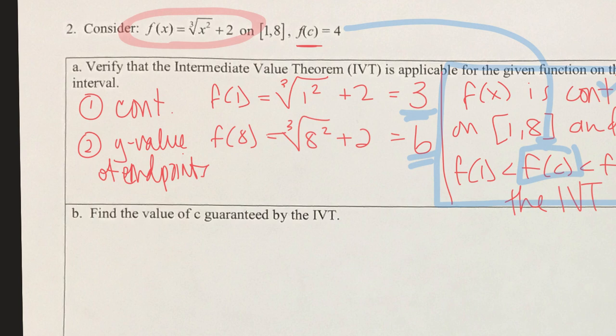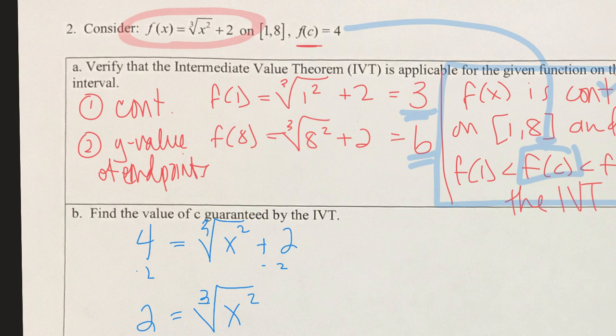So we want to know, when is this function equal to 4? So 4 equals the cube root of x squared plus 2. At what x value gives us a y value of 4? So we'll subtract 2 from both sides. 2 equals the cube root of x squared.